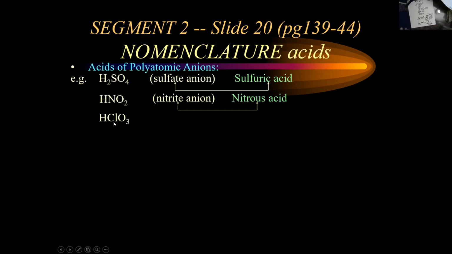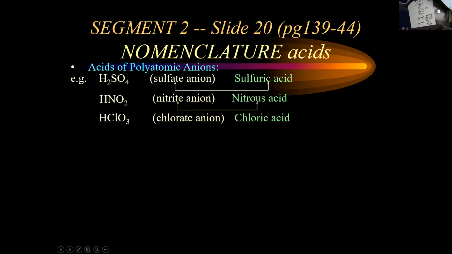What's this? If you memorize the polyatomic ions, you'd recognize ClO3 minus is chlorate ion. So how do you make the acid? Just change the ATE to IC. So it's chloric acid. HCl, without the oxygens, is hydrochloric acid.